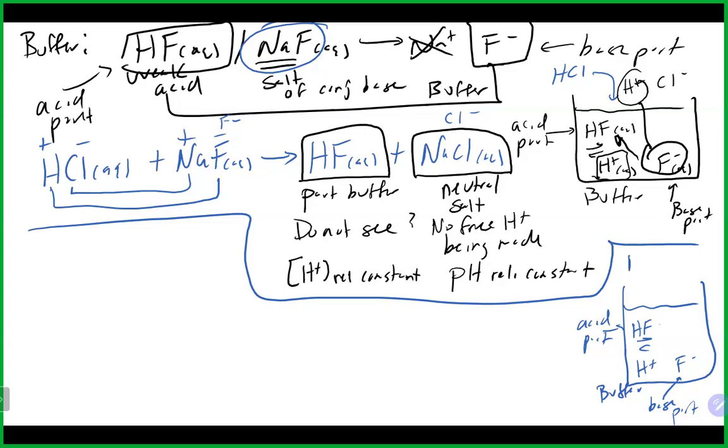We're going to add our sodium hydroxide here. So if we add sodium hydroxide to our same buffer, as you might guess, it will react with the acid part, right? Again, that's going to give us our base acid reaction.